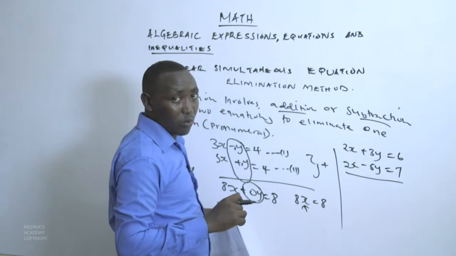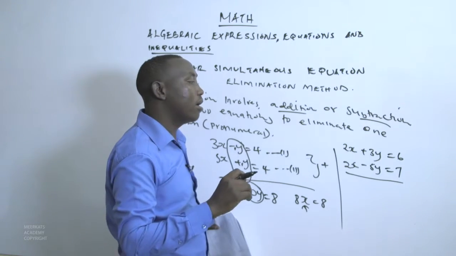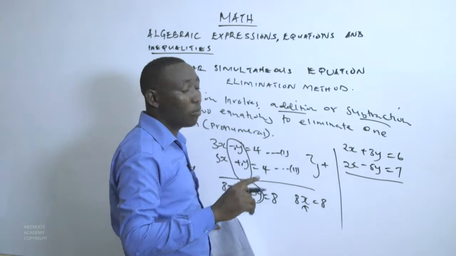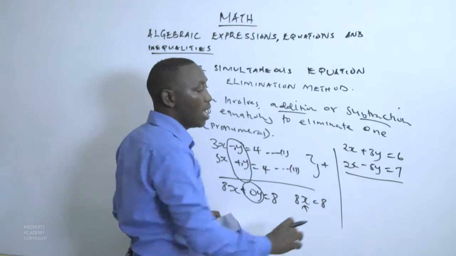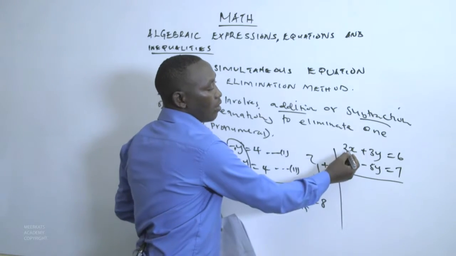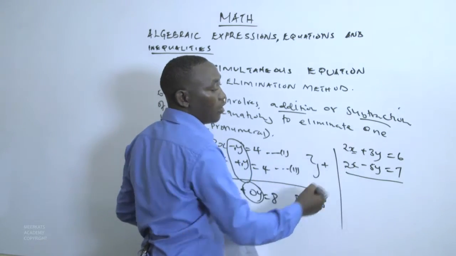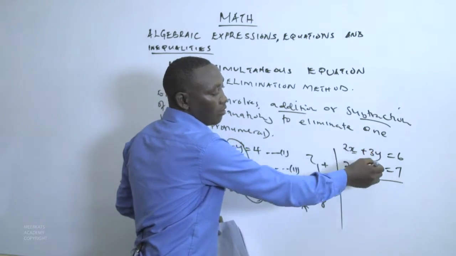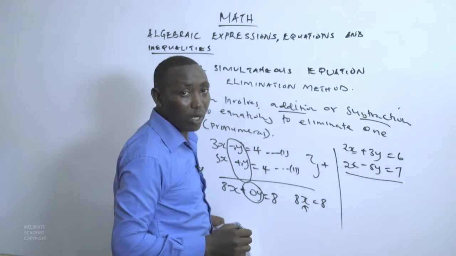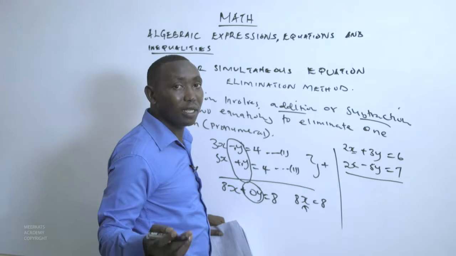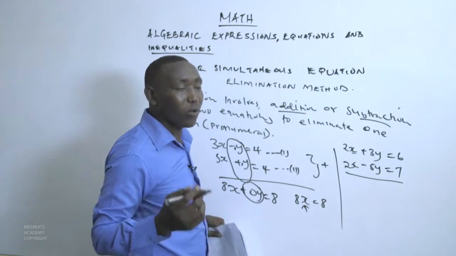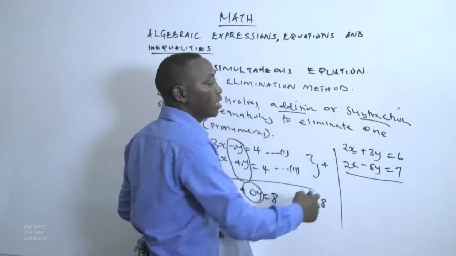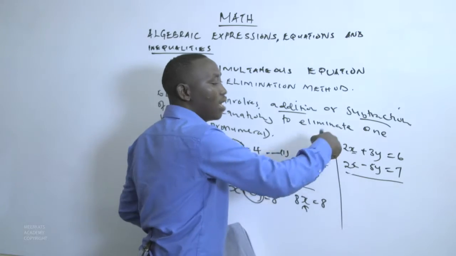When we want to eliminate, we have said you check and ensure it is easier to eliminate the pronumeral which has the same coefficient in both equations. The coefficient of x is 2 in the first equation and 2 in the second equation. What about the coefficient of y? It is 3 in the first equation and -5 in the second equation. So which one is easy to eliminate? We said it is easier to eliminate the one with the same coefficient, so it is easy for us to eliminate x.